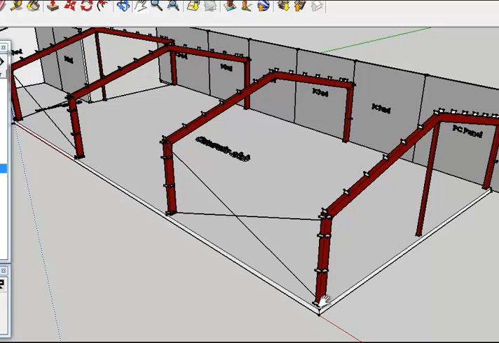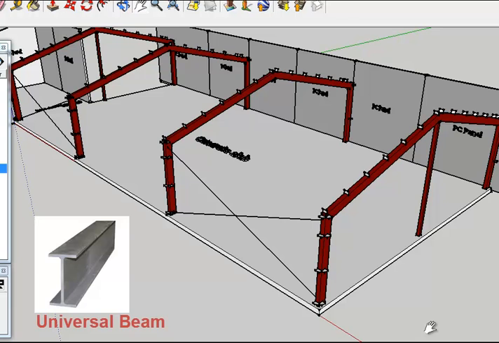So typically for a very large span we might have this as one piece with a connection somewhere here. This could be another piece and then another piece and so forth. Okay, it really just depends on the span. The type of member we use here is what we call a UB, quite commonly, a universal beam, and it's shaped like an I in profile.